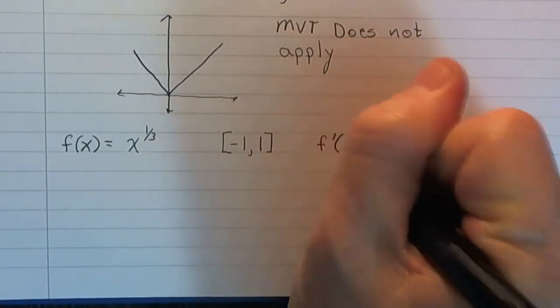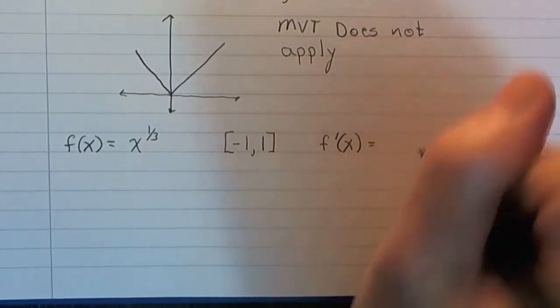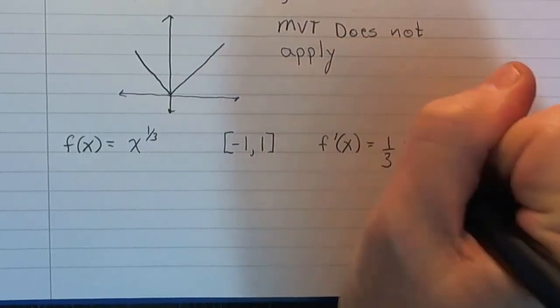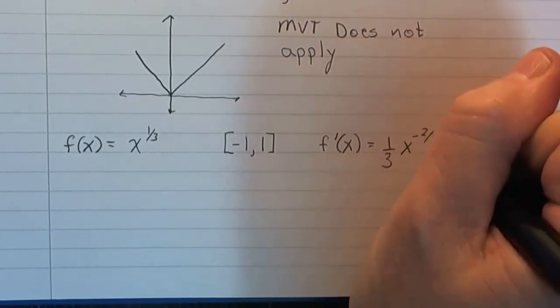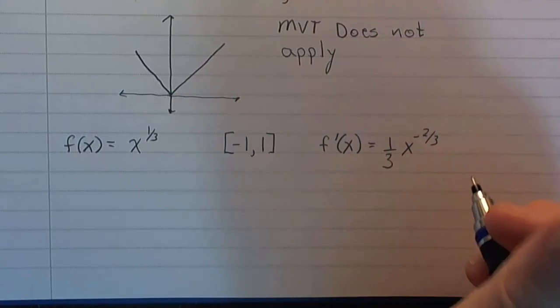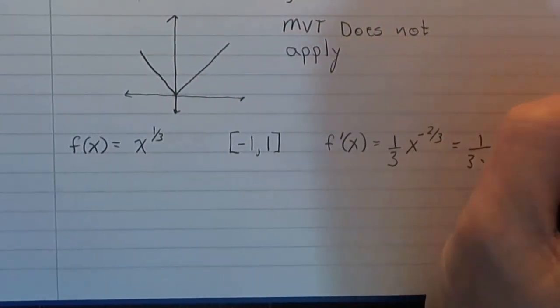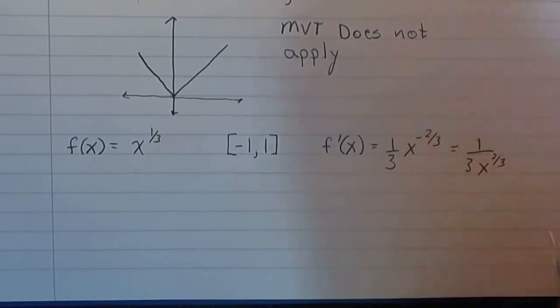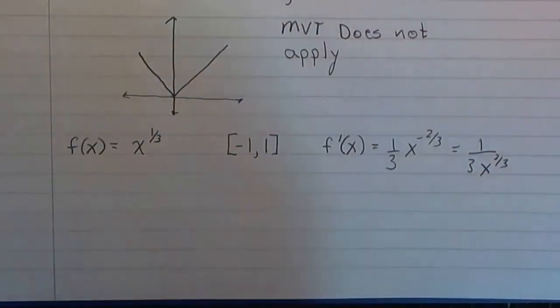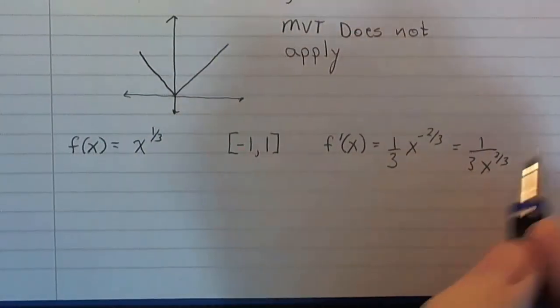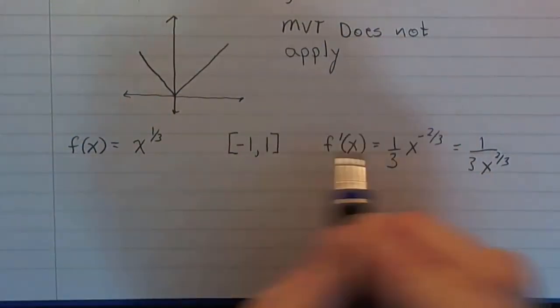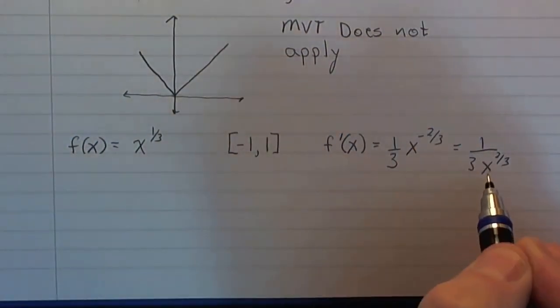I can go ahead and find the derivative. This is going to be 1/3 x to the negative 2/3. And that is 1/3 x to the 2/3 in the denominator. Okay, so I differentiate it. Now, notice, once I differentiated it, I can clearly see that the derivative does not exist whenever x equals 0.